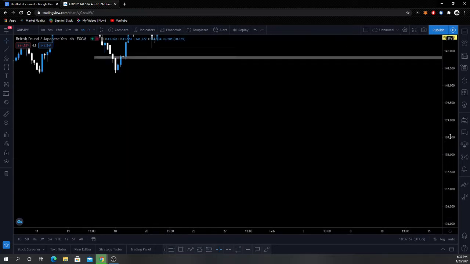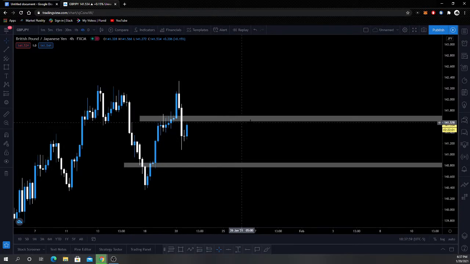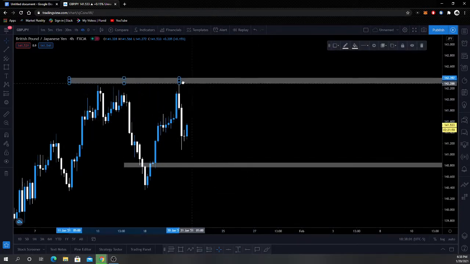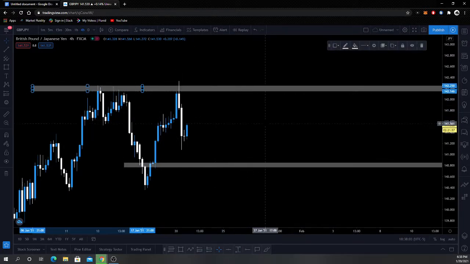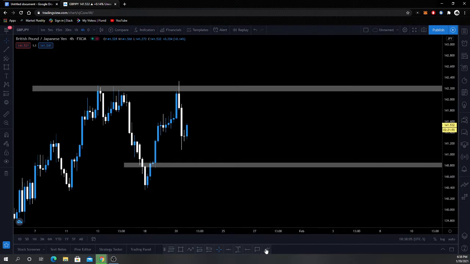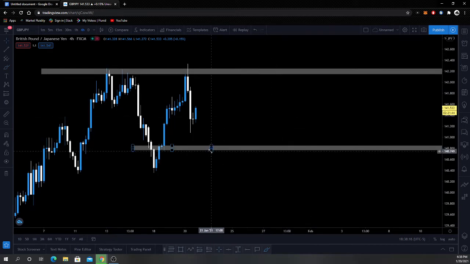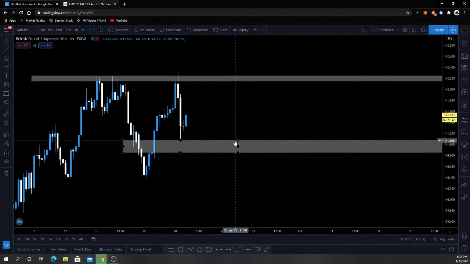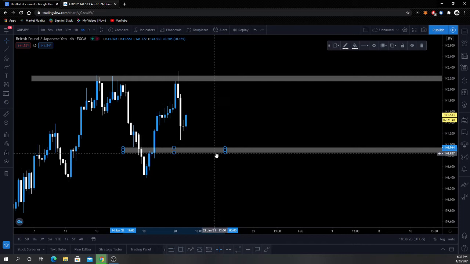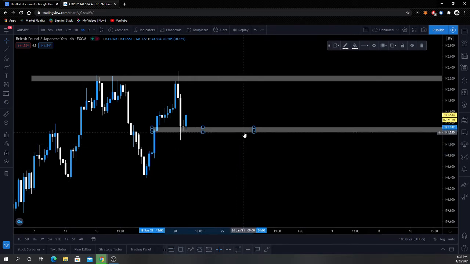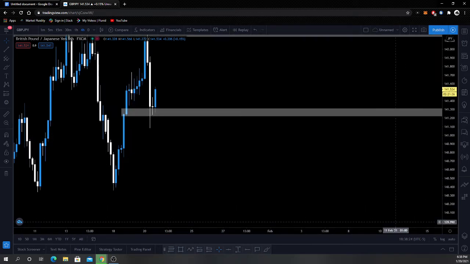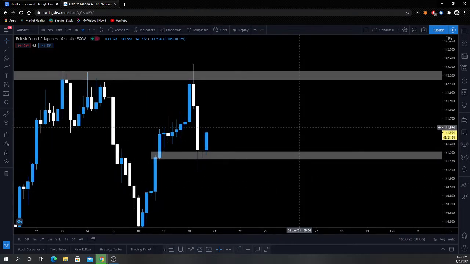So if you go down on the 4 hour, our resistance should be a bit higher right over here, because as you can see, this is where we had our most rejections. That's the first one, second one, and the third one, which is from this morning. Then we move our support, which should be around there, give or take.